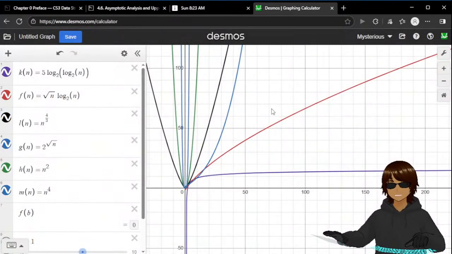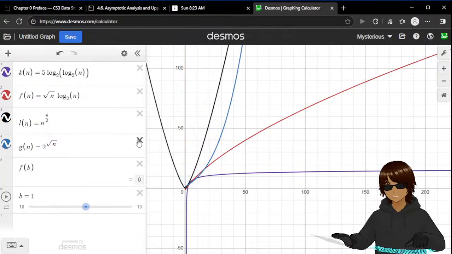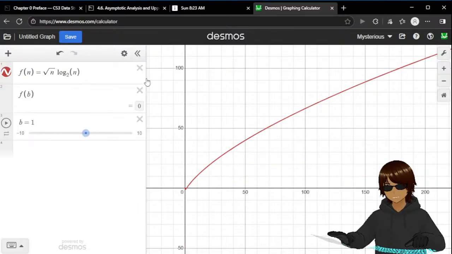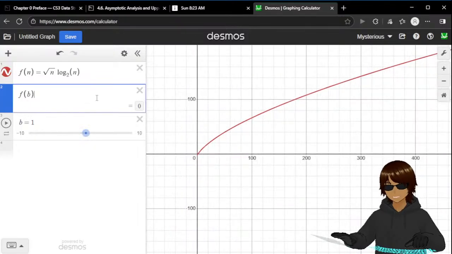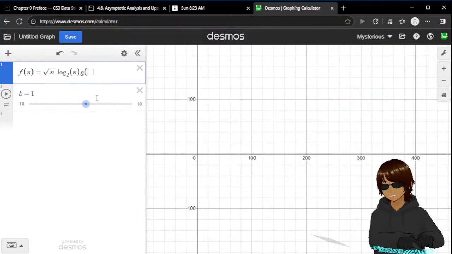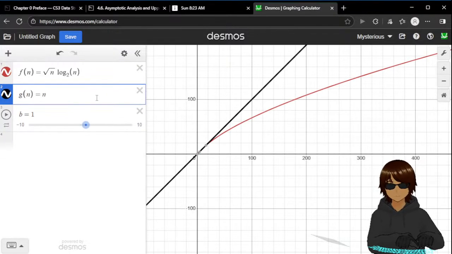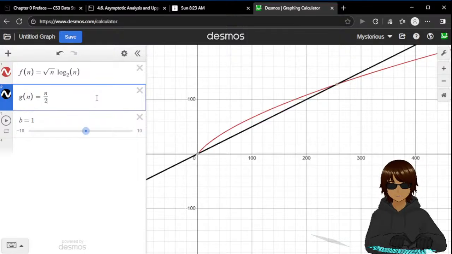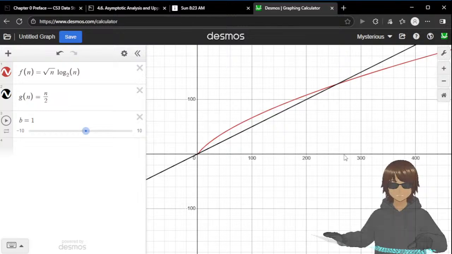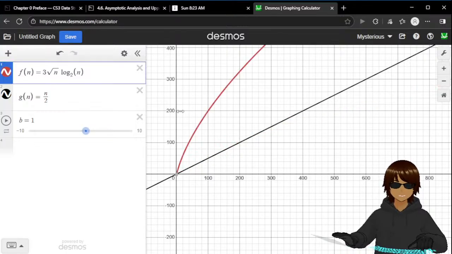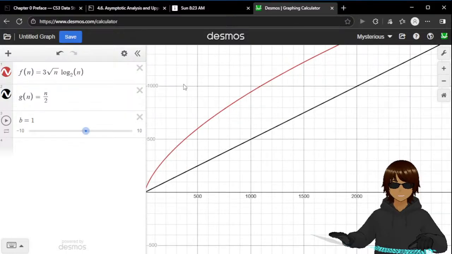For example, if I have root n log n, and I have g of n equal to n over 2, after some cutoff point g of n is always smaller. But you may be wondering that I can just multiply this by some constant, that I can do this with any function.